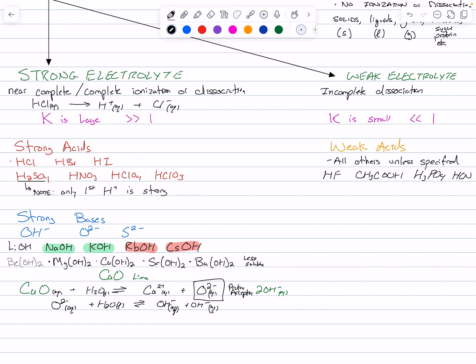Now you have weak bases. Of course, it's ammonia and its derivatives. We will expand on this, but anytime you have nitrogen, right, that is the weak base. Right here. That's your base. That lone pair.